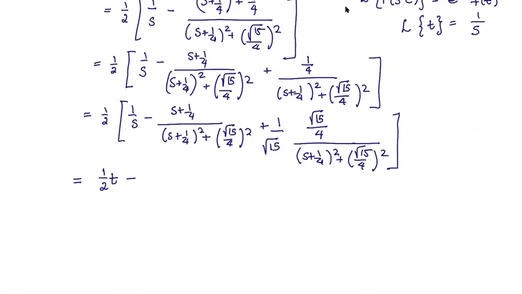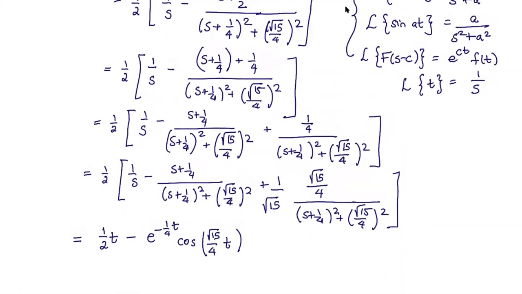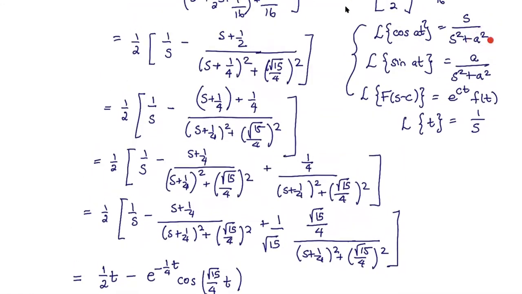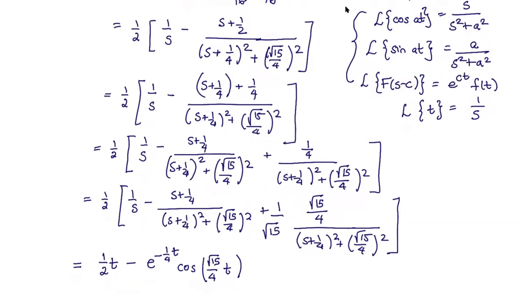And so this is going to be e to the minus 1/4 t times the cosine of, and then what goes in is the a, the square root of 15 over 4 times t. So we have the a term here, and the a appears in here. We have a plus c here, so the opposite sign of c appears up in there.